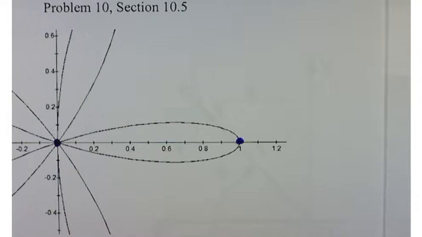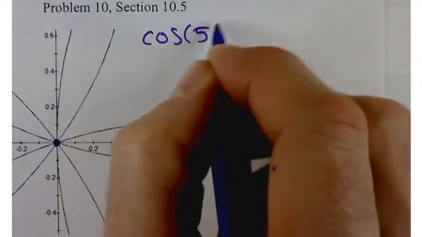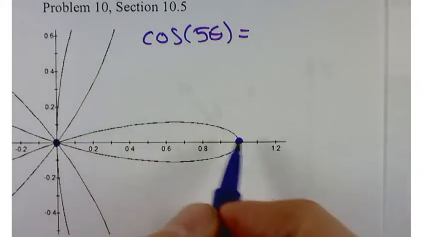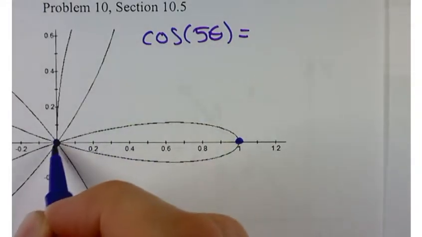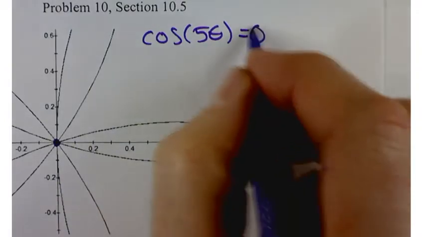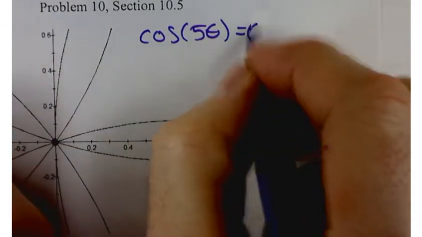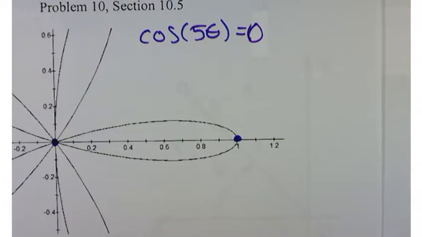Well, think of it this way. We've got cosine of 5 theta. It gets back to the origin when the radius is what? 0. Well, when does that happen? What angle do you take the cosine of to get 0?